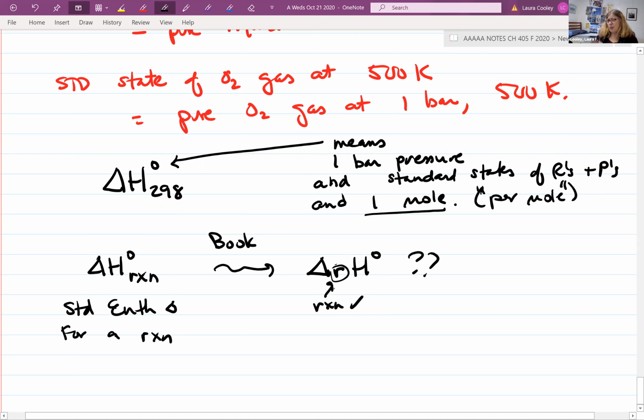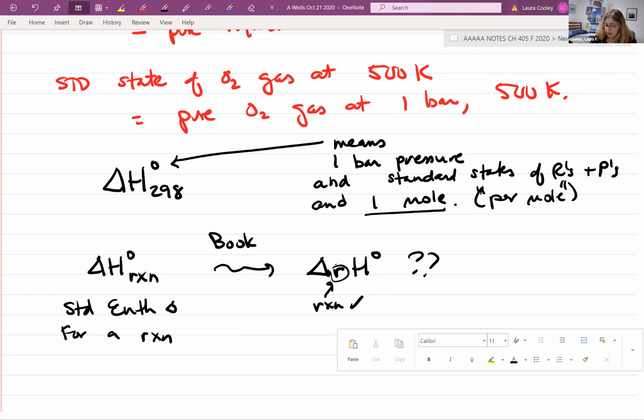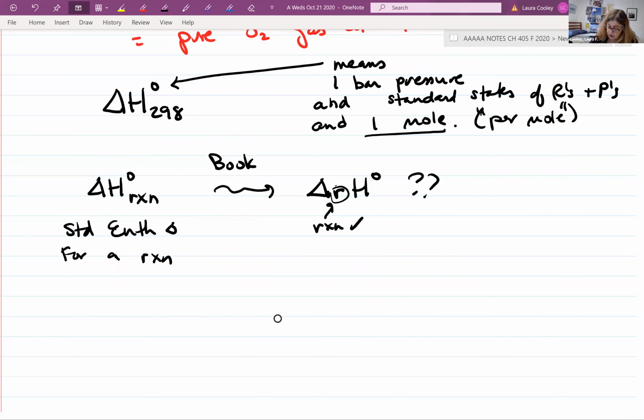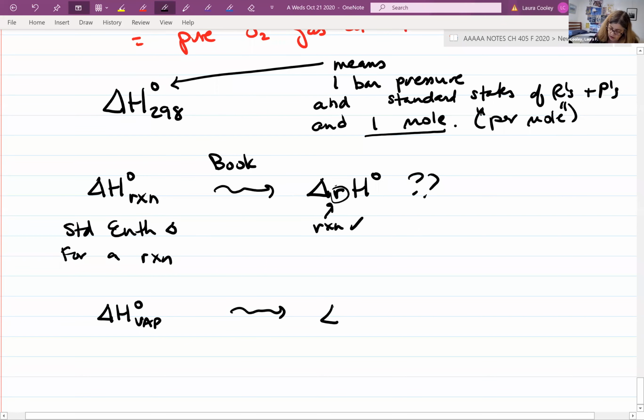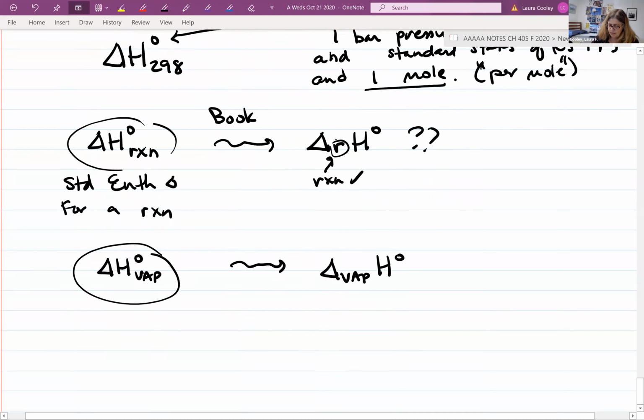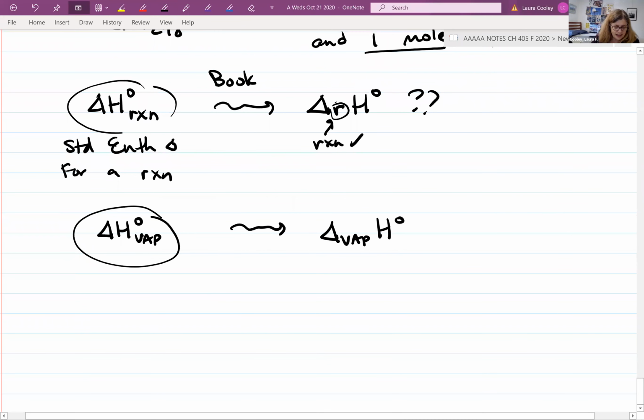I think it's because it's a reaction enthalpy change. I honestly will never understand why they want to use notation like that. But a lot of books do this anyway. So for example, it will call the heat of vaporization the delta vap H0. But I'm not going to do that. I'm going to use these. I think they're much nicer. And I can't possibly do this other thing. It's just too weird.